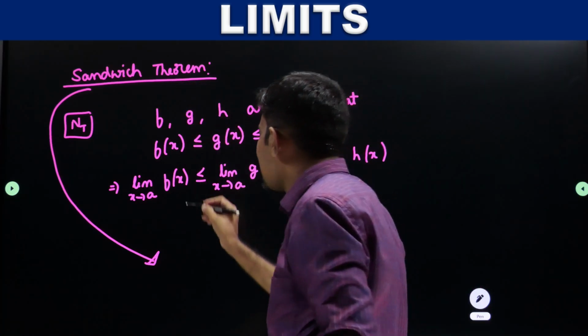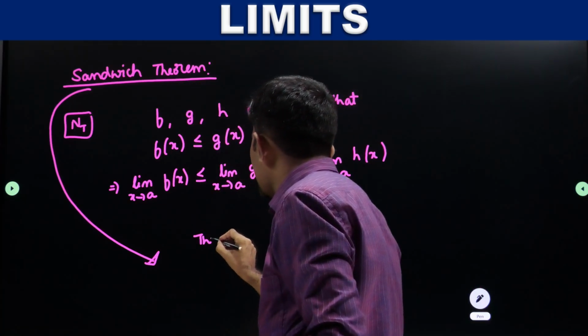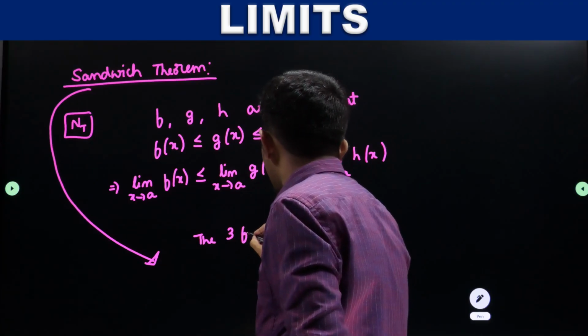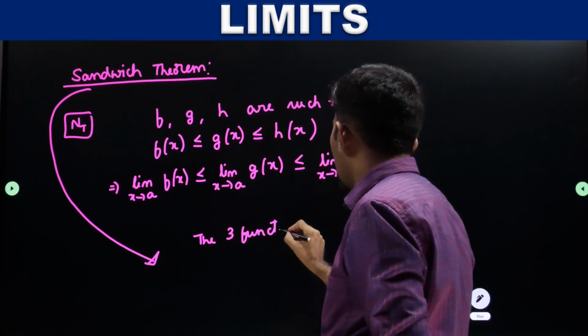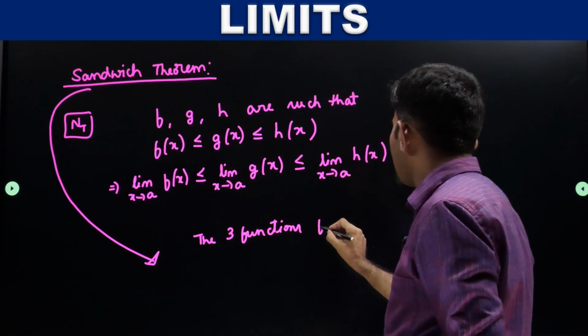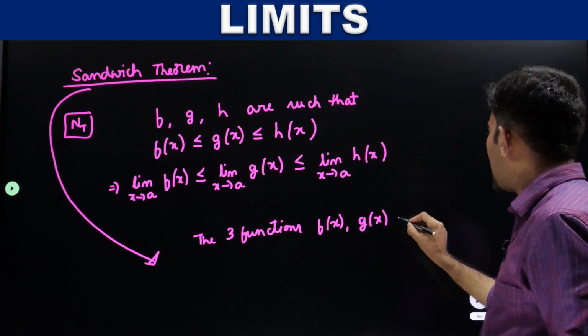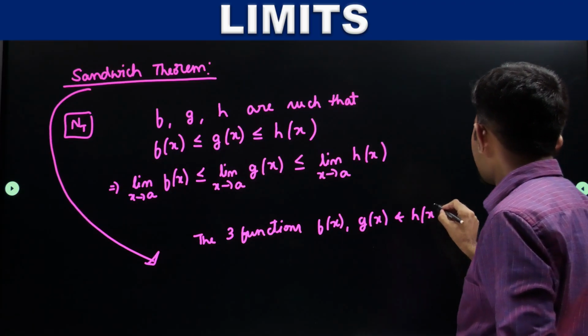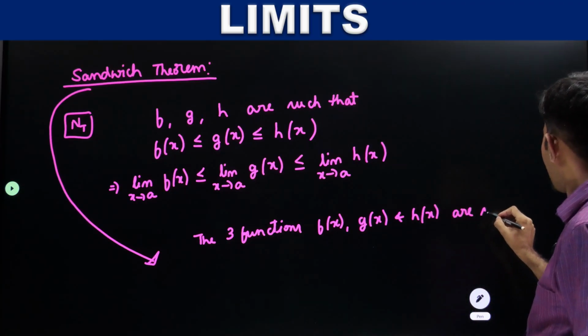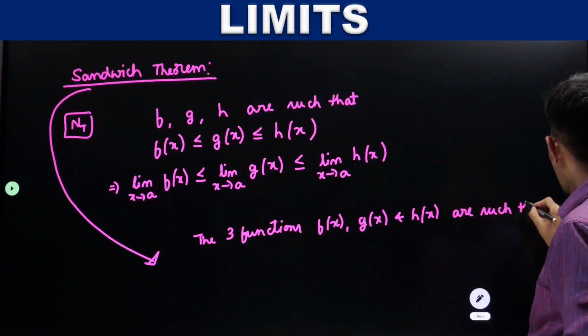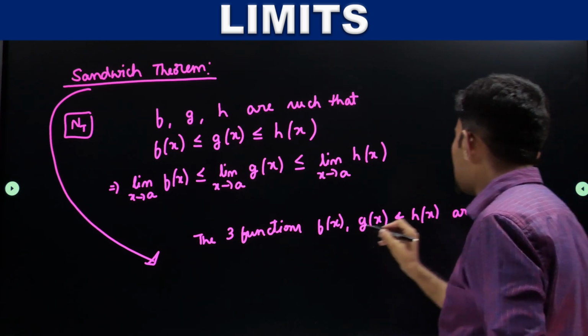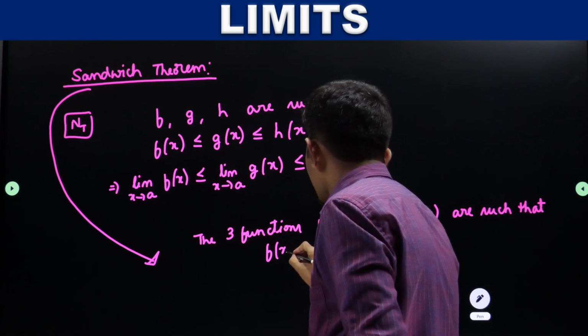According to the sandwich theorem, the three functions f of x, g of x and h of x are given such that f of x is less than or equal to g of x, which is less than or equal to h of x.